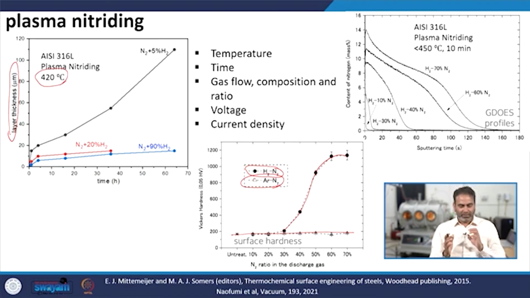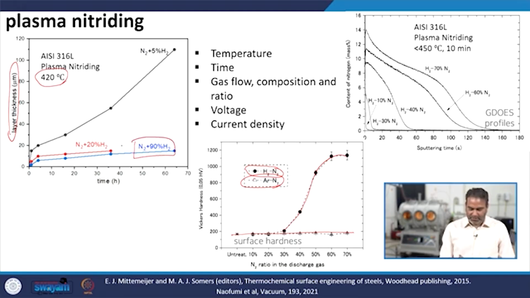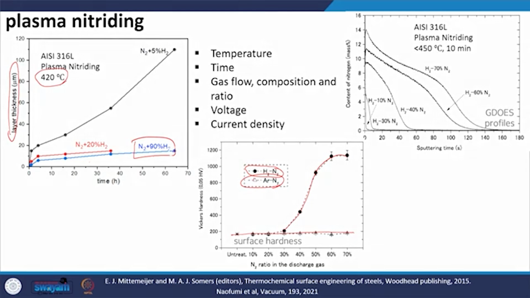If I let more nitrogen flow and less hydrogen, then I am changing the nitrogen to hydrogen ratio. Here they have taken only 5% nitrogen, 90% is hydrogen, and they see a very small increase; with time, the rate at which the thickness of the layer is increasing is slow.